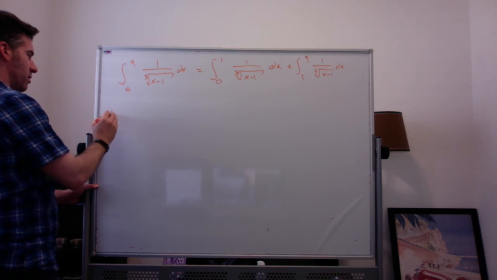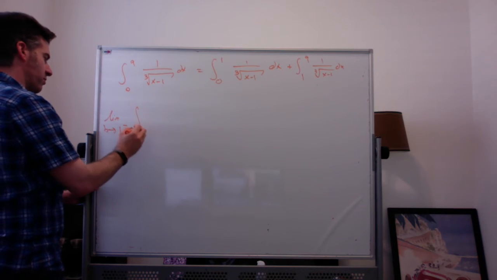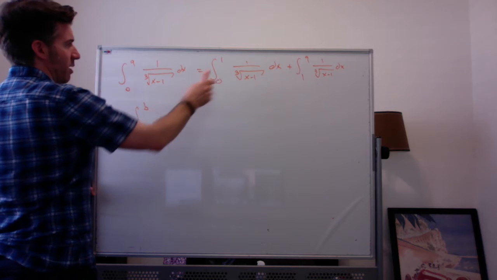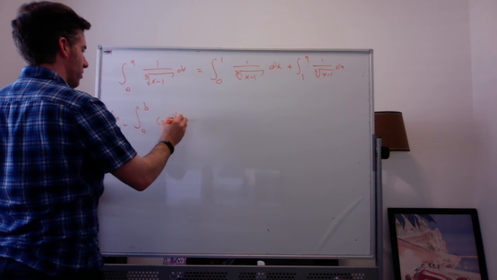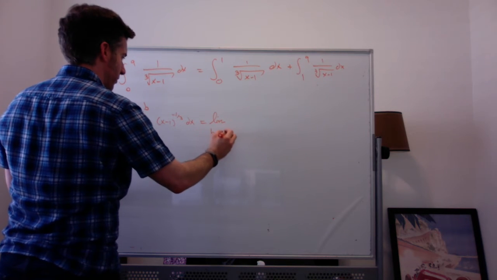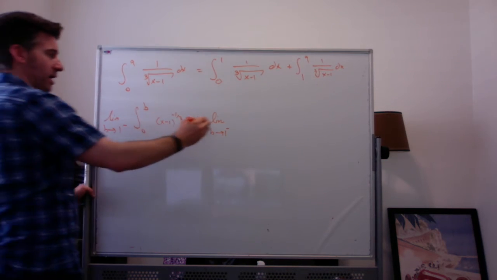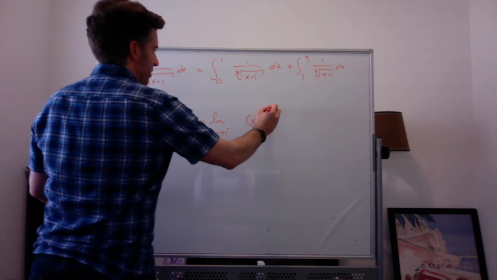We do the limit as b approaches 1 from the left of the integral from 0 to b of, I'm going to write this as x minus 1 to the negative 1/3. So the limit as b goes to 1 from the left. Integrate that, you get x minus 1 to the, add 1 to the power, you get positive 2/3.